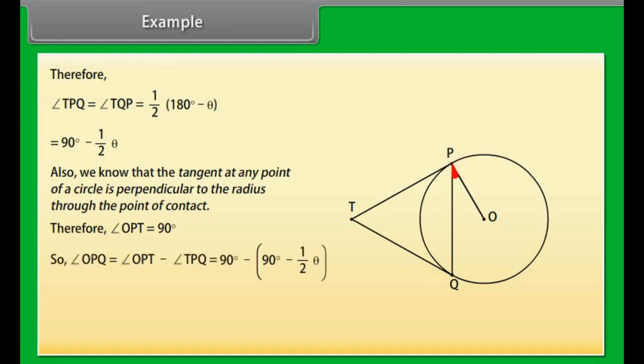So, angle OPQ is equal to angle OPT minus angle TPQ, which equals 90 degree minus (90 degree minus 1 upon 2 theta), equal to 1 upon 2 theta, equal to 1 upon 2 angle PTQ, or angle PTQ is equal to 2 angle OPQ.